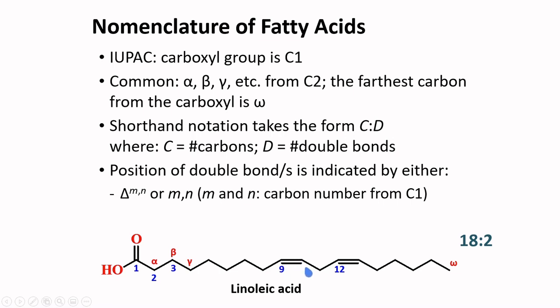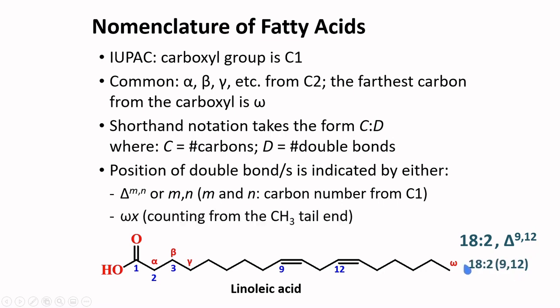We just indicate 9. And another double bond is at position 12. Take note that these double bonds are not conjugated. There is an sp3 carbon between them. Hence, we can identify the double bonds in this way, delta 9,12. Another way is to write them directly inside a parenthesis.